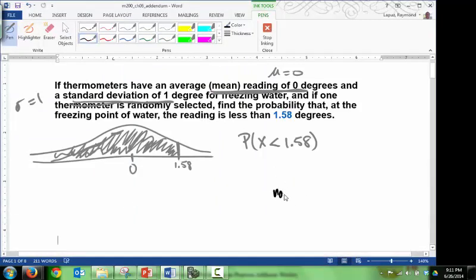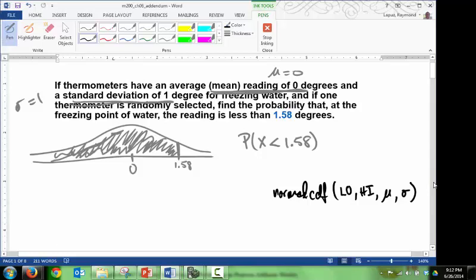So for a normal CDF, it's going to ask for a low value, it's going to ask for a high value, and then it's going to ask for a mean and a standard deviation. It's going to ask for four things.